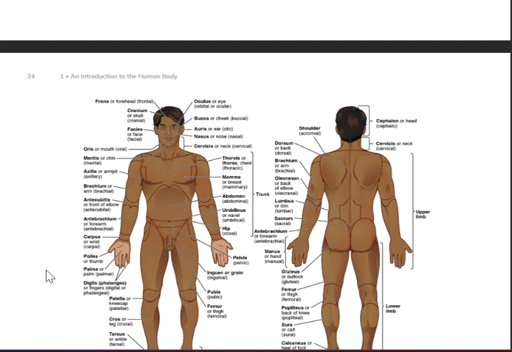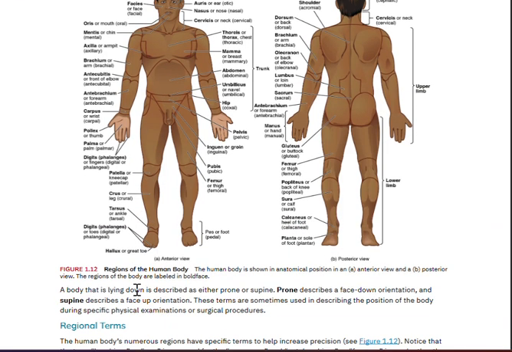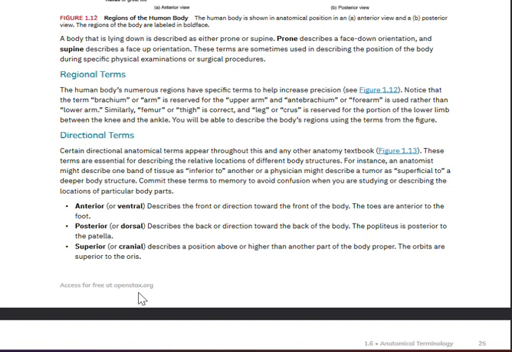And if they say proximal, that means it's going to be closer to the joint that they're referring to. So you have anterior, which describes the front or direction toward the front of the body. The toes are anterior to the foot. Posterior describes the back or direction toward the back of the body.